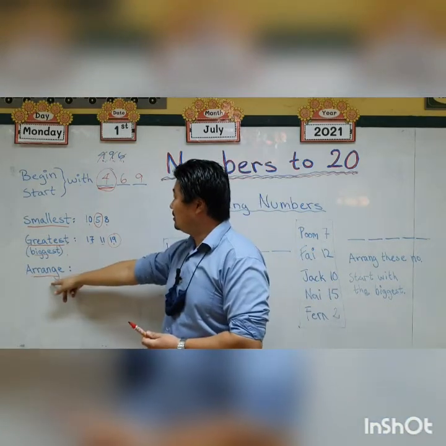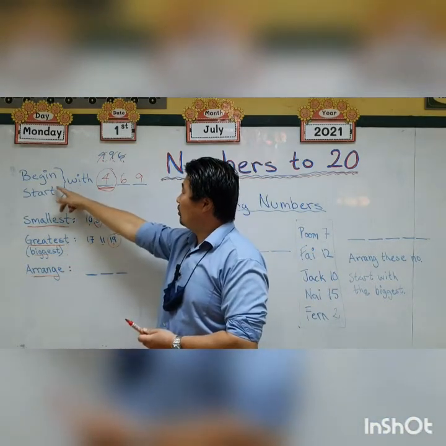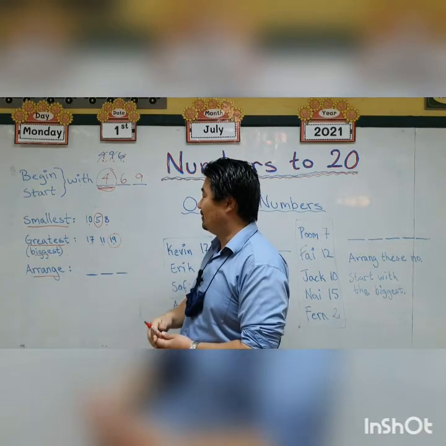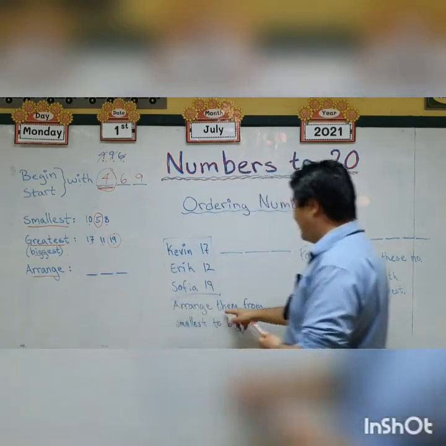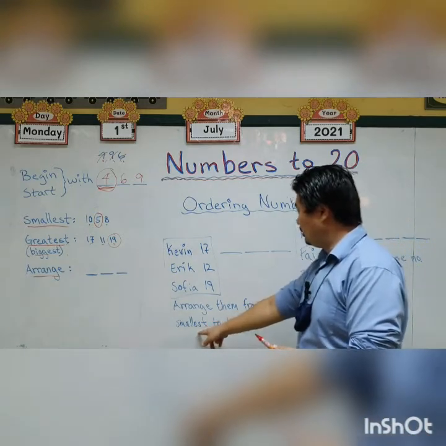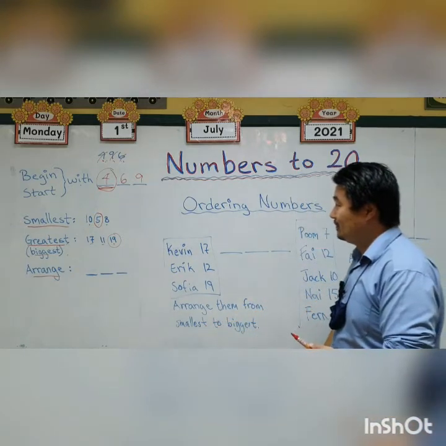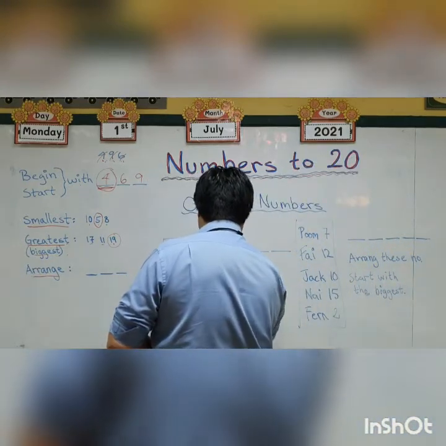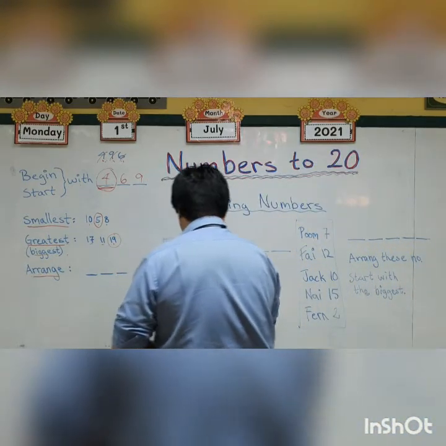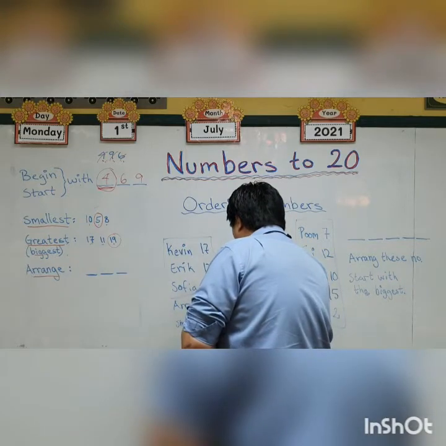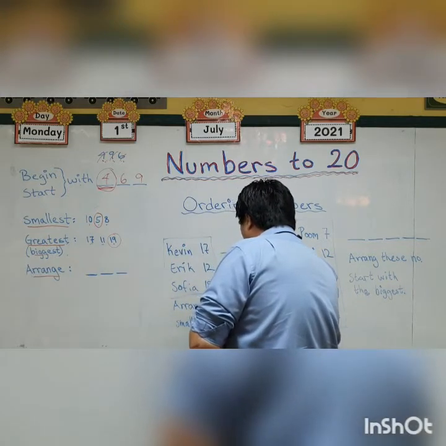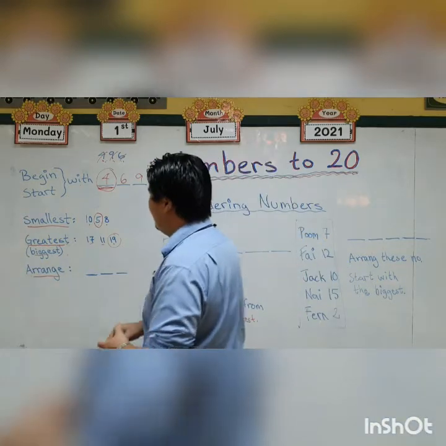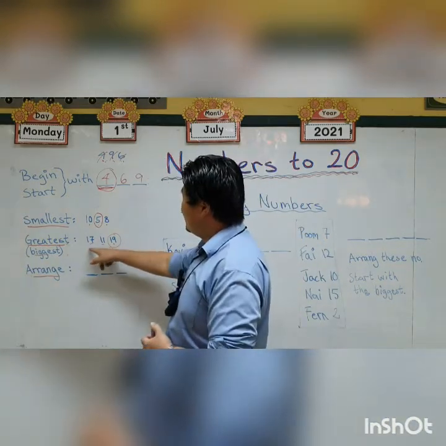So arrange, start or begin with the smallest number or the biggest number. So arrange them from smallest to biggest or greatest. I will write greatest here, not biggest. Arrange them from smallest to greatest. Okay. Let's take these numbers.